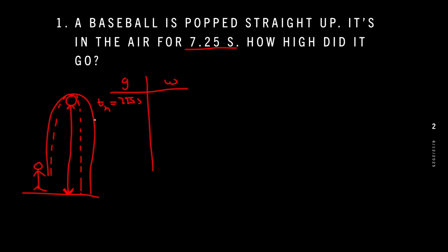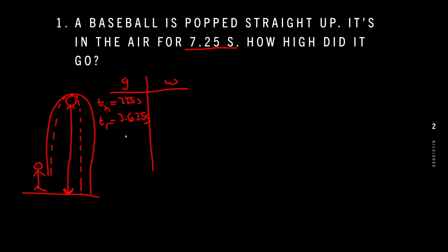So then the time that it takes for it to get to its maximum position would be half of that. So if we just take half of 7.25, we could write that as T rise, and that would be 3.625 seconds. And then that's all the information that's explicitly shown in the problem.